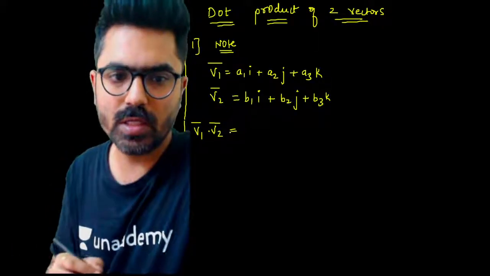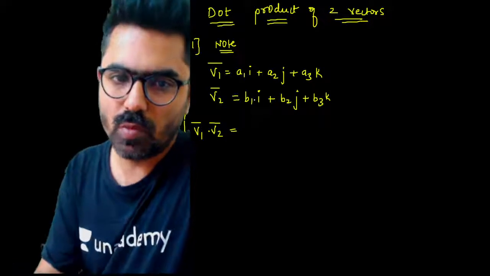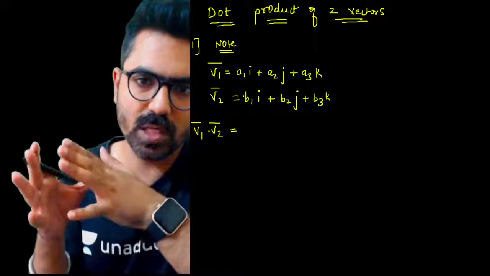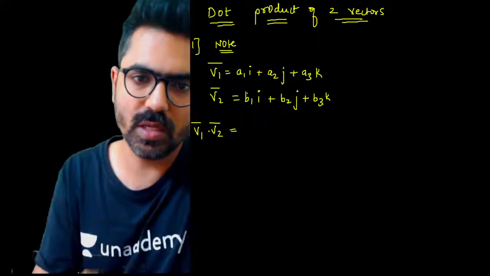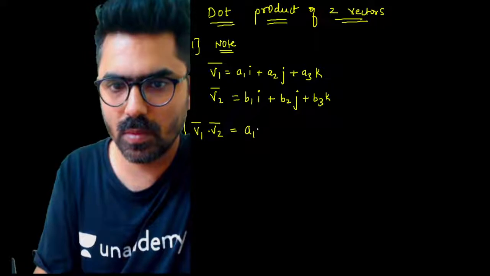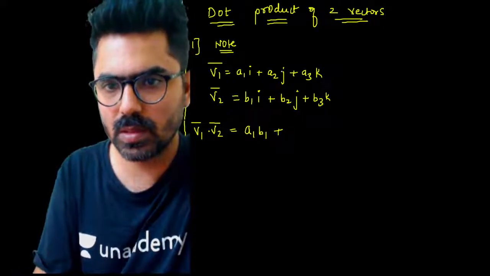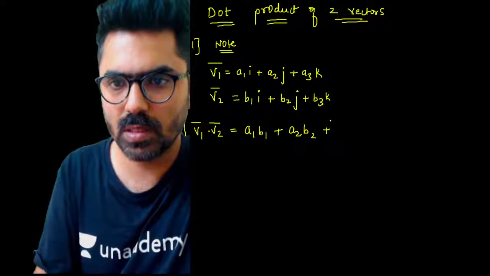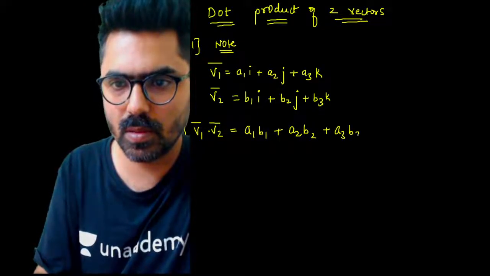So whenever dot product is required, you just need to multiply the corresponding components of i, then add it with the corresponding component of j, and then with k. So here a1 into b1 plus a2 into b2 plus a3 into b3.